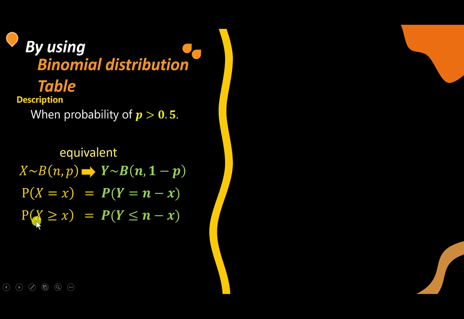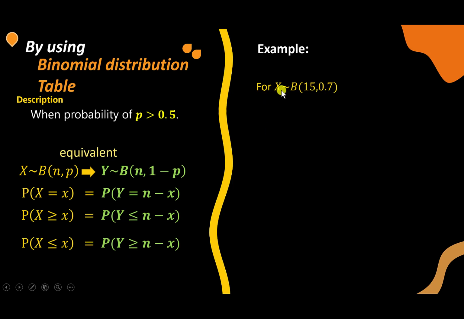So if we have the probability X greater equal than x, for the Y random variable the notation will be opposite. Make sure the notation has an equal sign here, greater equal, so we can change into the Y random variable. If we have X less equal than x, the notation will become greater equal.